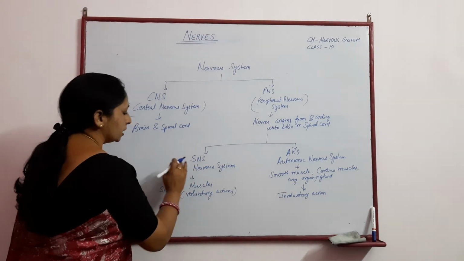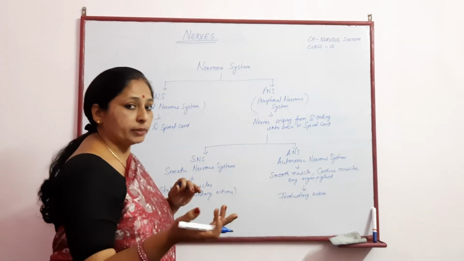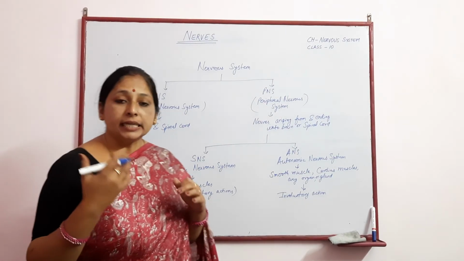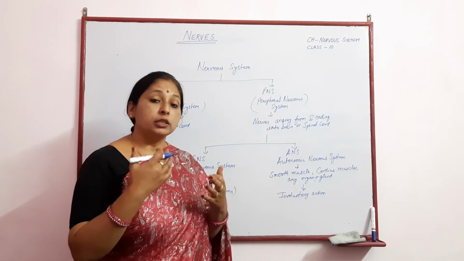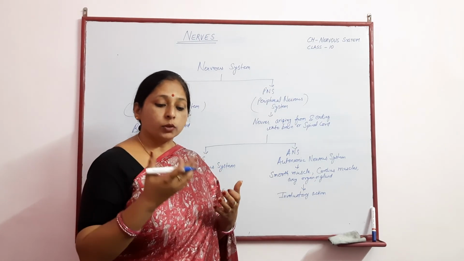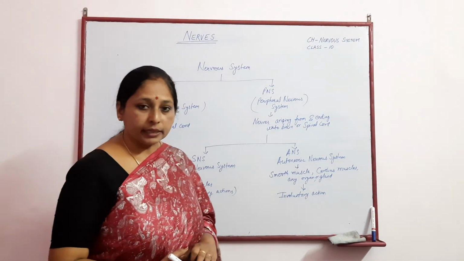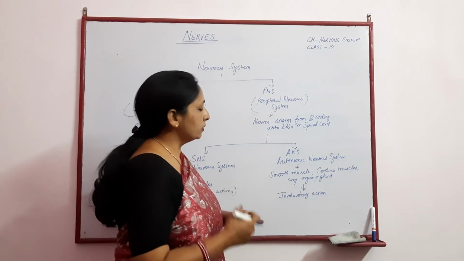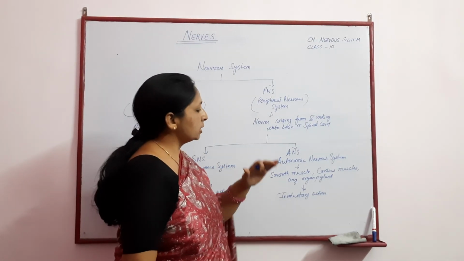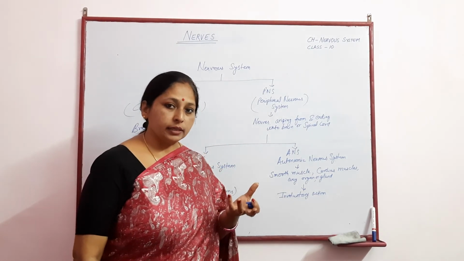One is the SNS, somatic nervous system, which receives messages from the skeletal muscles and is related to all voluntary actions, performed by our own consent. The autonomic nervous system sends messages from the smooth muscles, cardiac muscles, or organs or glands that are involuntary in action.